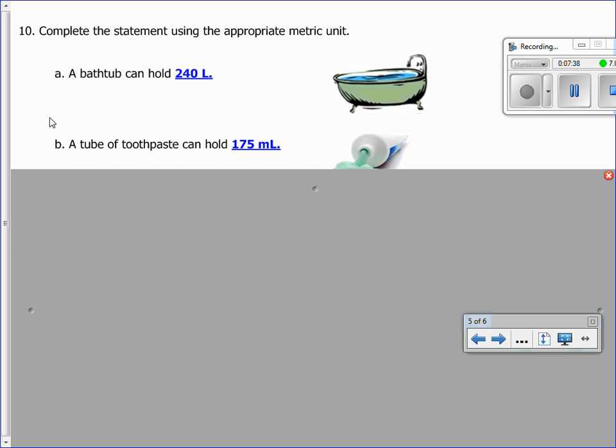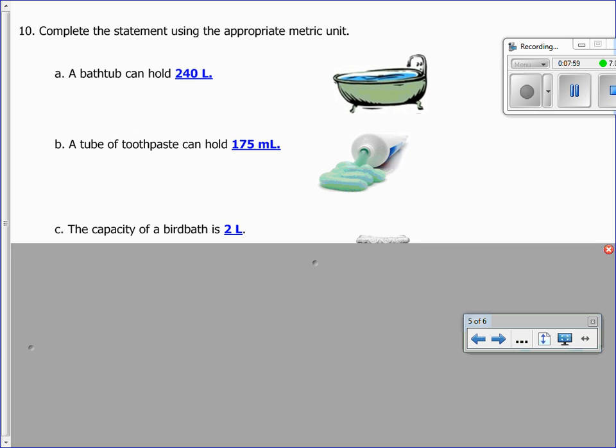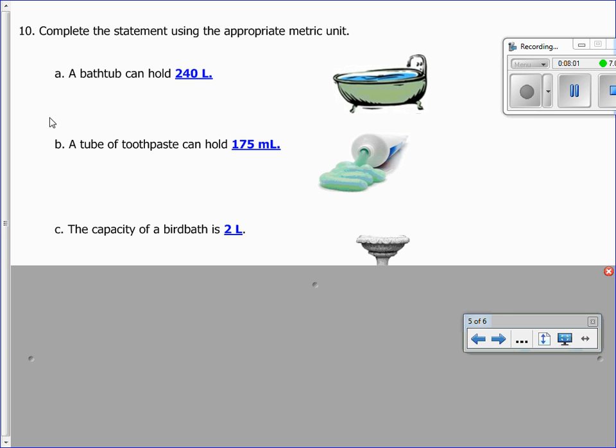You would not consider the capacity of a tube of toothpaste to be liters. So what would you use for the last one, the capacity of a bird bath? Would you use liters, milliliters, or kiloliters? What would you use, class? Milliliters? What is a milliliter? Liters. L, capital L. Remember, the milliliters are the drops.